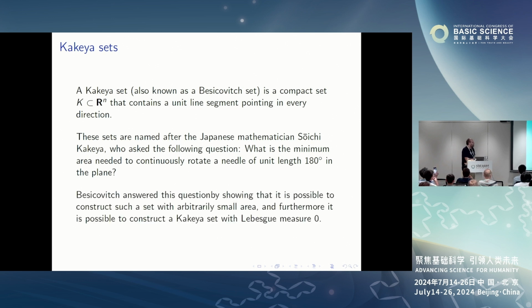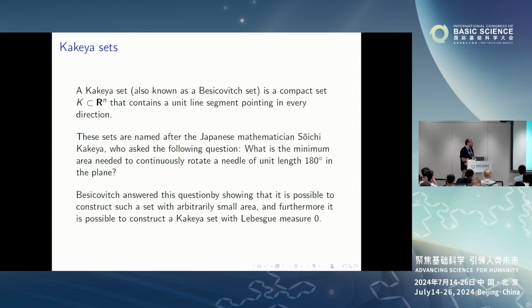Besicovitch answered this question by showing that it's possible to construct such a set with arbitrarily small area, and furthermore, that it's possible to construct a Kakeya set with Lebesgue measure 0.